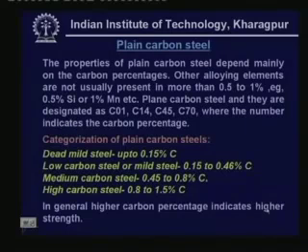That means the plain carbon steel's properties, although primarily dependent on carbon percentage, also involve other alloying elements. In this case, what is the extent of the other alloying elements? It is more or less within 0.5 to 1%. For example, we can have 0.5% silicon or 1% manganese, etc. That means the alloying elements are given in a low amount.